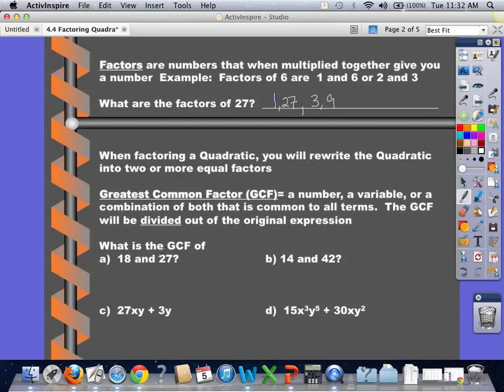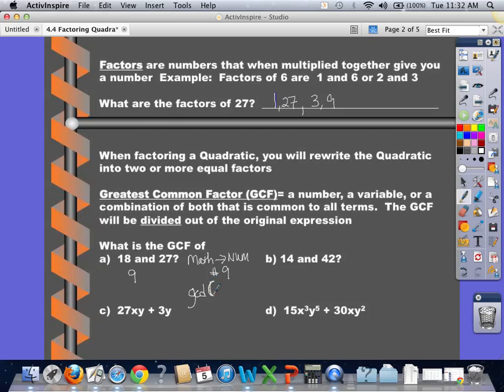So let's check this. One of the ways you can check, if you need to, in our calculator is use math, scroll over to num, and choose number 9. It's going to say GCD and have a parenthesis.